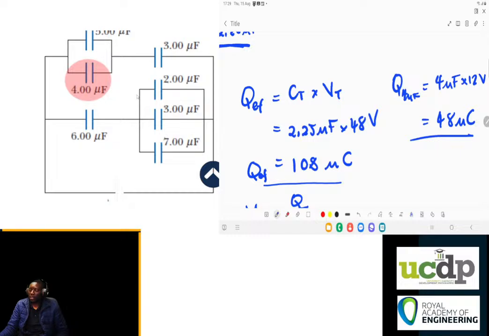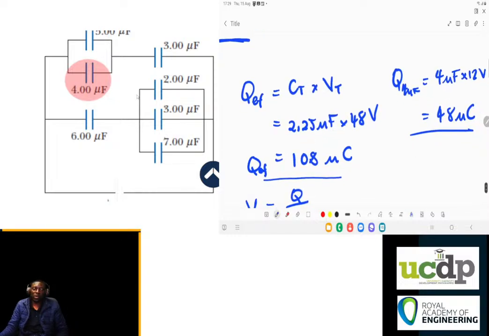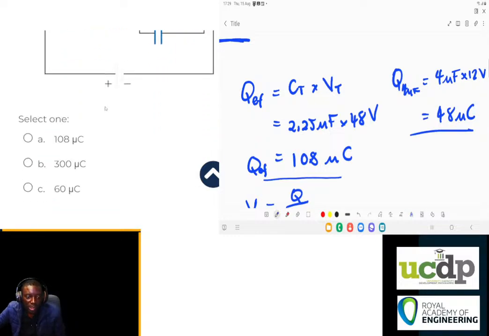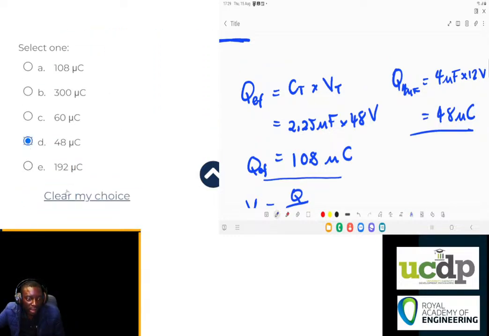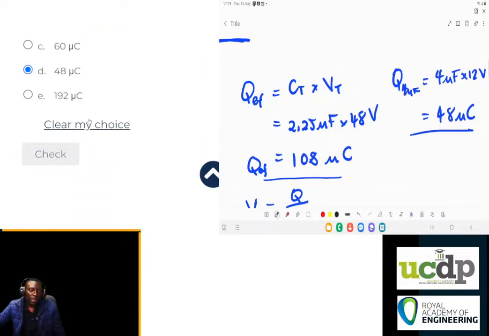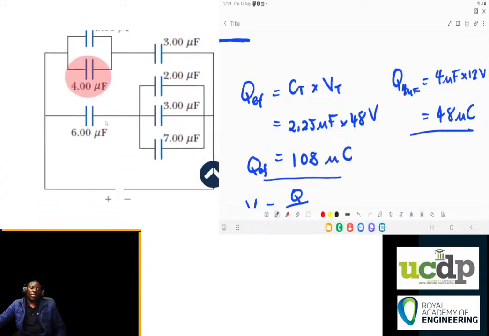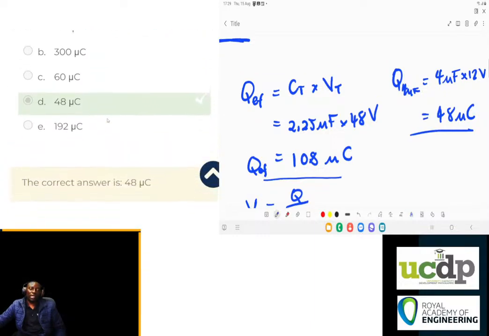Then 12 times 5 is 60. The other 60 is on the 5 microfarad capacitor. The total gives you 108. So you have 48 there, and we should see 48 somewhere. And that's correct.